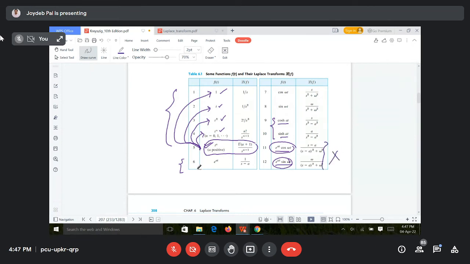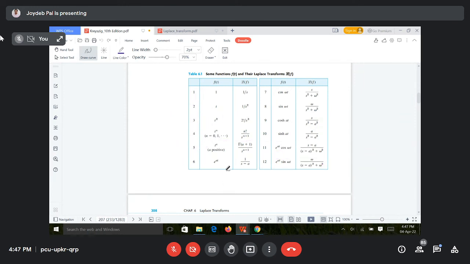So again I am repeating from the table which things you have to remember, which are the main formulas. These are formula numbers 5, 6, 7, 8. And if you can remember all the rest, well and good, there will be no confusion and it will take less time. But there are four main properties, four main formulas. Okay.